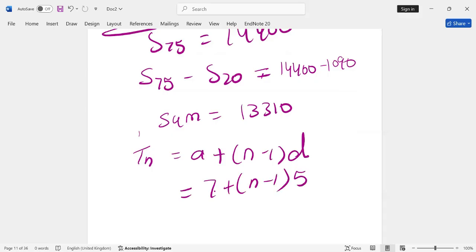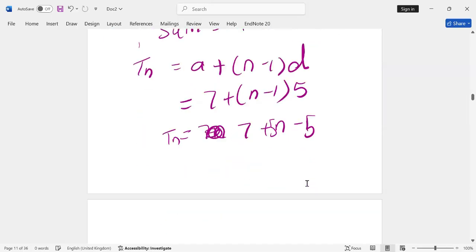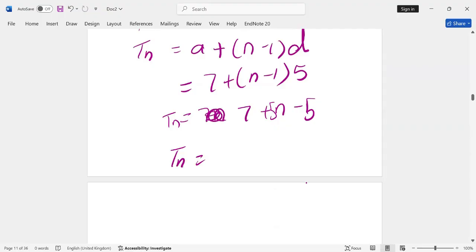We multiply 5 with the terms, so we have Tn equals 5n plus 2.